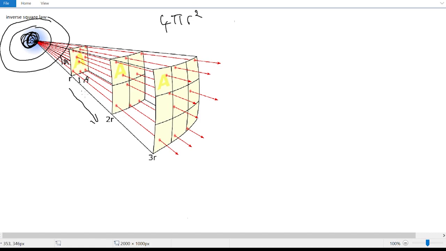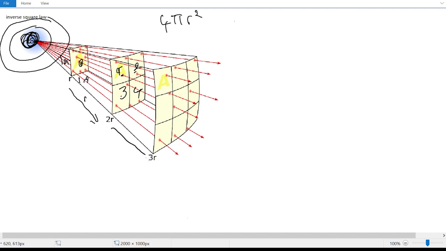So going from r to 2r, the surface area is squared. If we double this distance, we get 4 times the surface area: 1, 2, 3, 4.